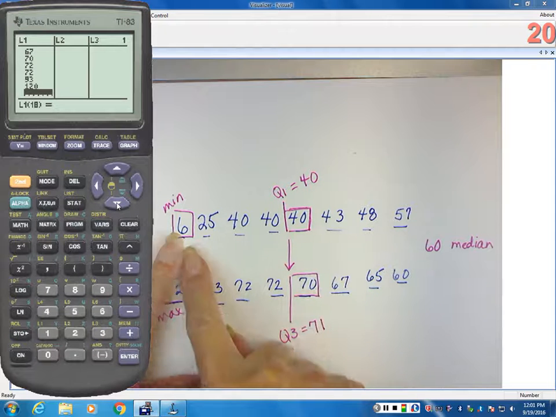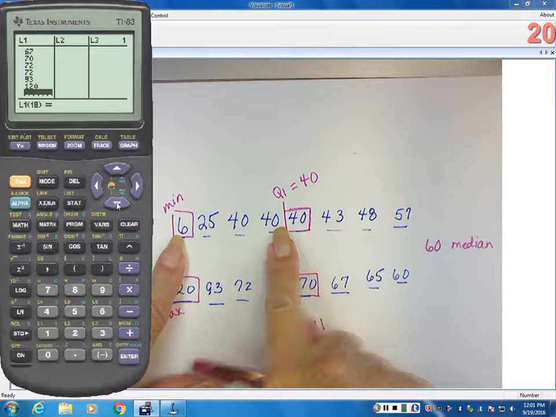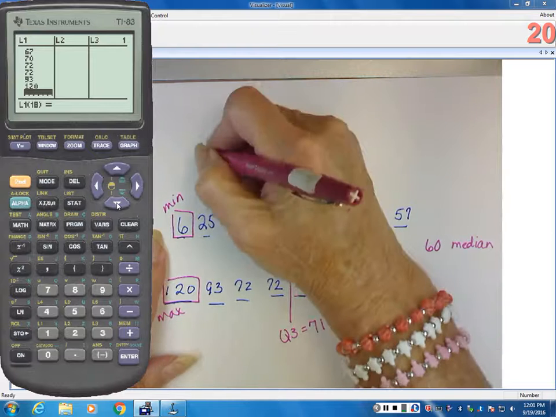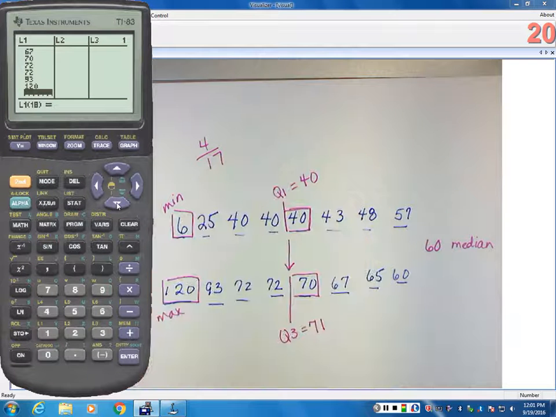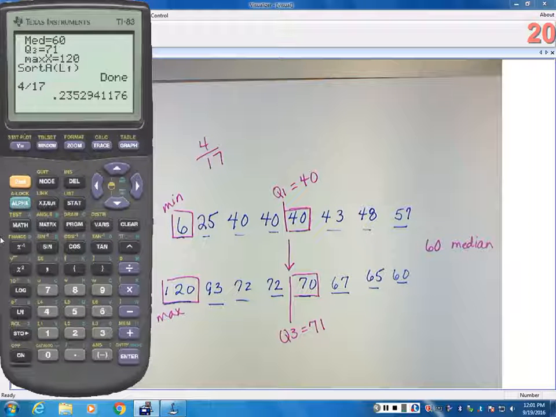25% of my data, 1, 2, 3, 4 data values out of the 17, is between 6 and 40. 4 out of 17 is 0.235, which is as close as I can get to the 25th percentile.